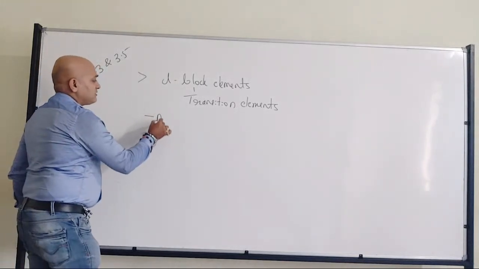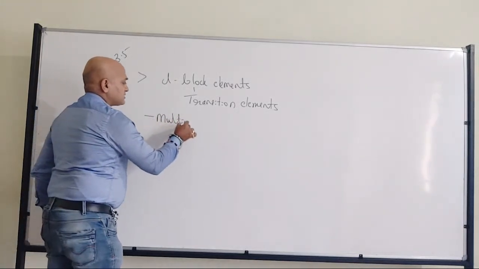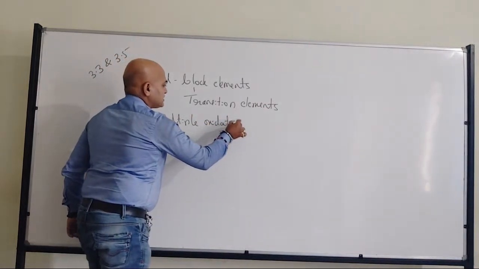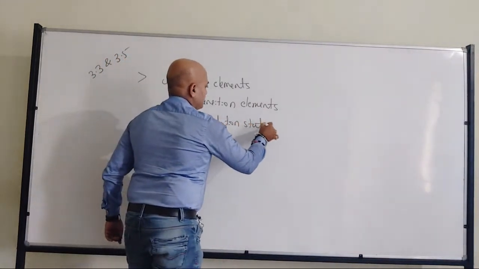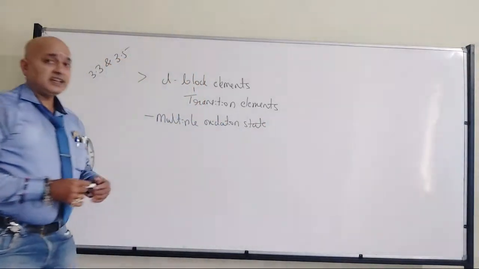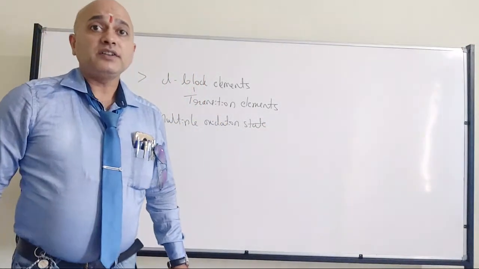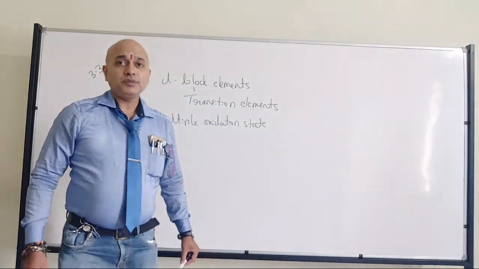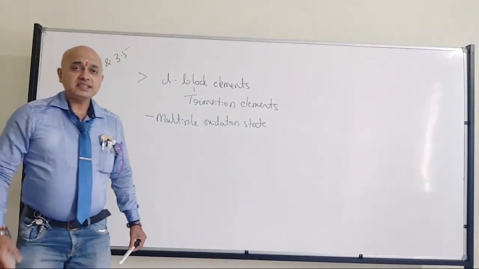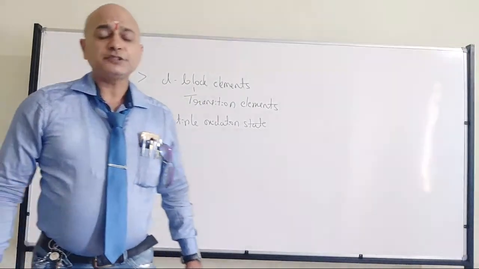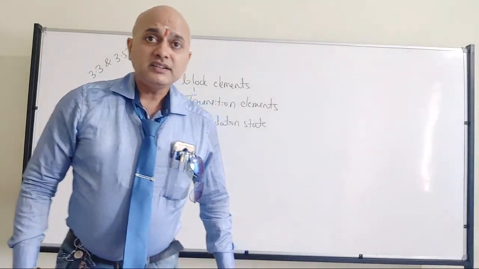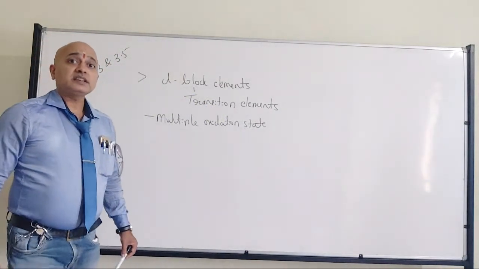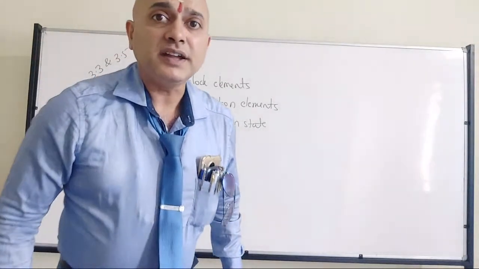Now, as we have already discussed, they will show multiple oxidation states, and the penultimate shell is going to be partially filled, it has to be filled, right? So that's where we have the D block elements, where the D subshell is going to get filled up.